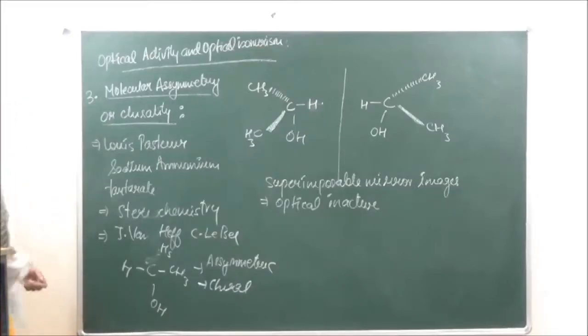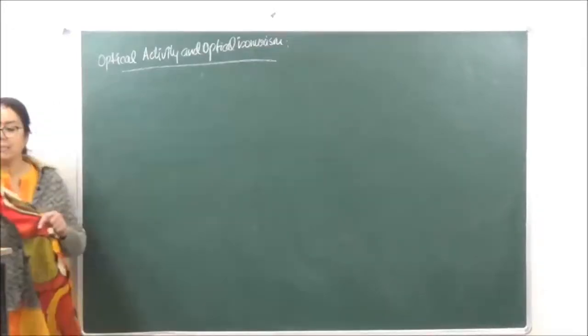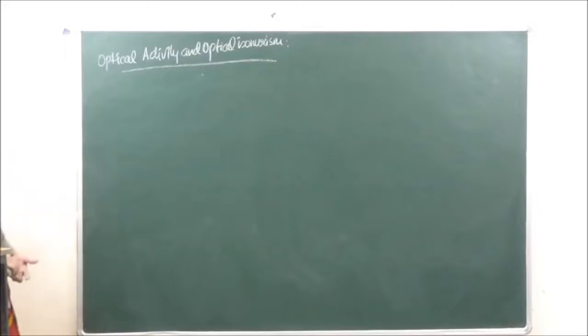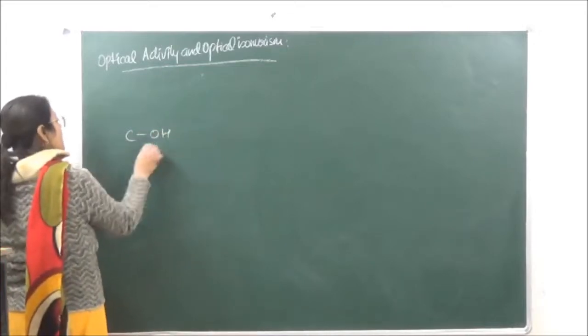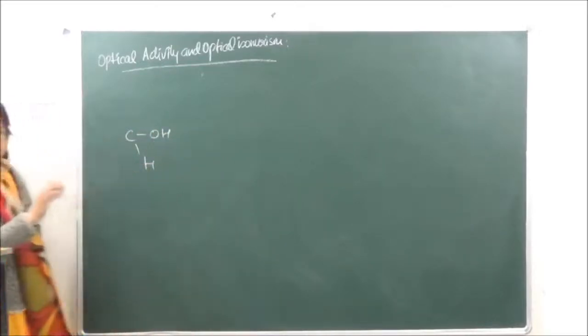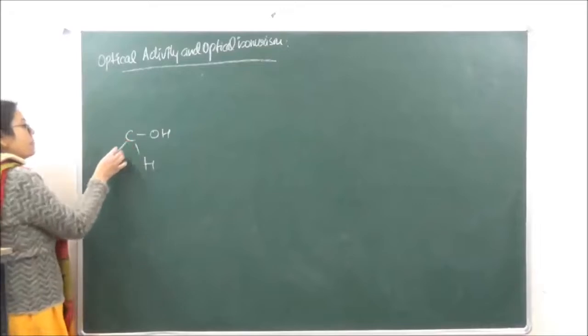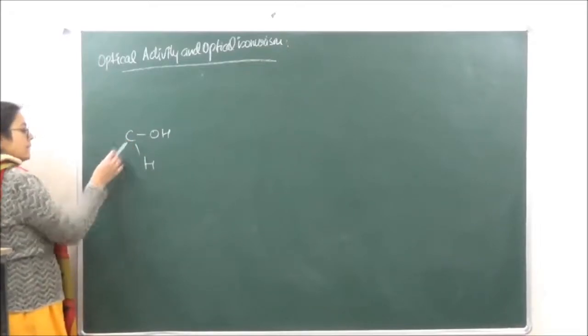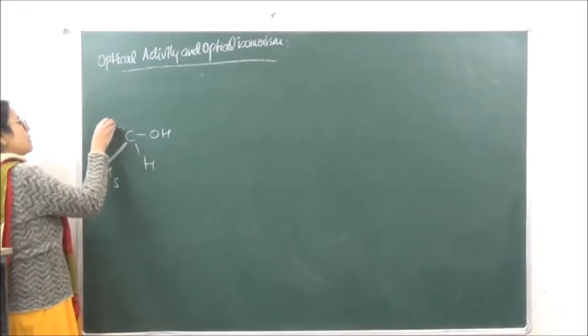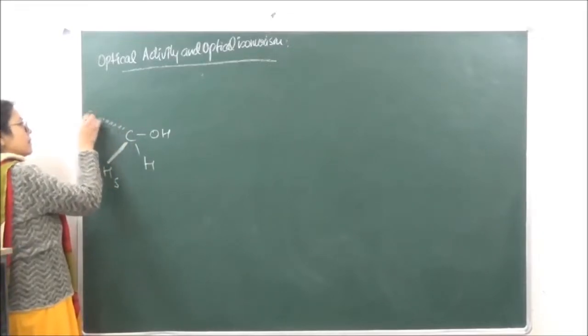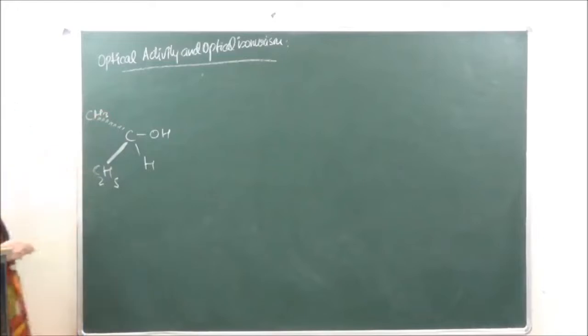Let's take another example over here. We are taking an example of a chiral molecule which is butan-2-ol. So butan-2-ol may be represented as CH3.